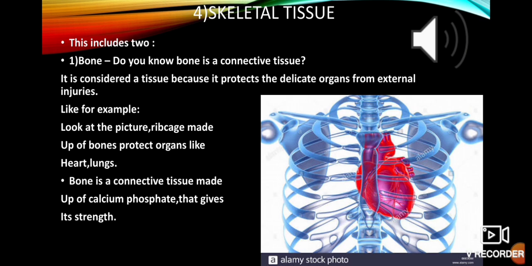Here you can see the picture of a rib cage, rib bones. What is the rib bone doing? It is protecting delicate organs like the heart and lungs. So the entire skeletal system gives shape to the body, provides rigidity to the body, and protects your body.